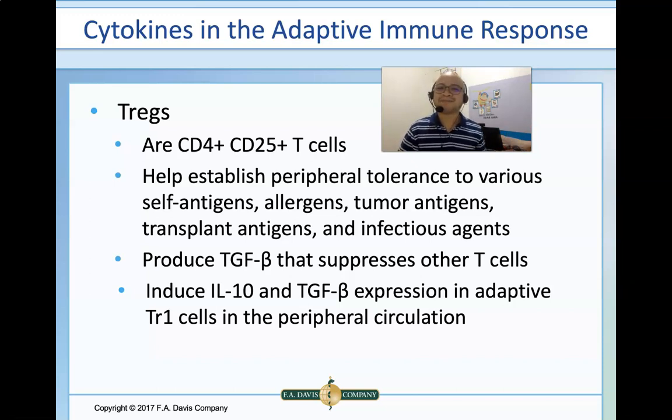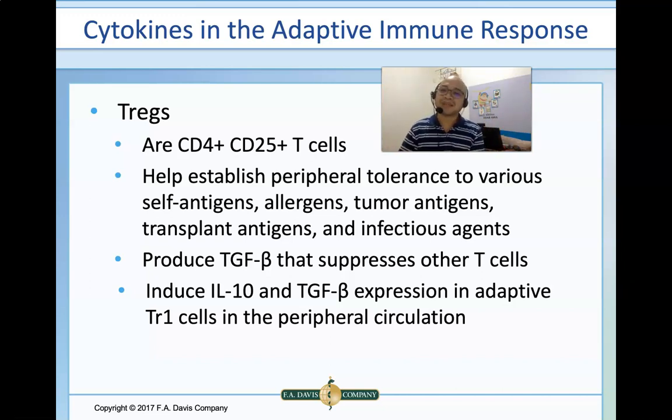Peripheral tolerance is very important for prevention of autoimmune diseases, and of course also for the prevention of rejection of transplant antigens. It is also important so that we will not react exaggeratedly to allergens. However, it may not be good if we tolerate, figuratively and literally, tumor antigens and infectious agents.